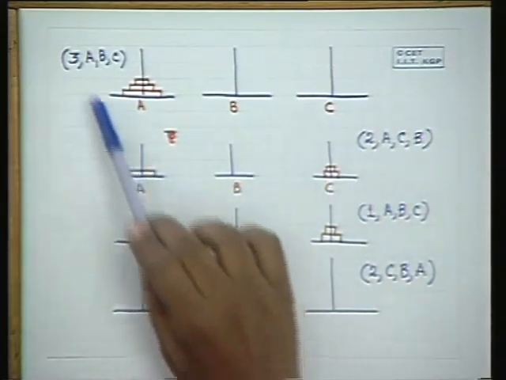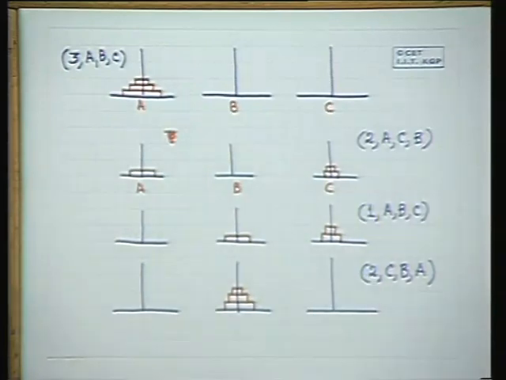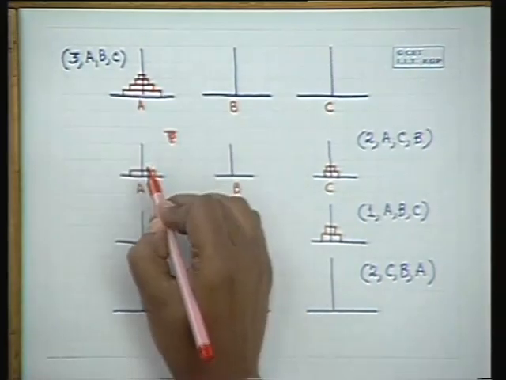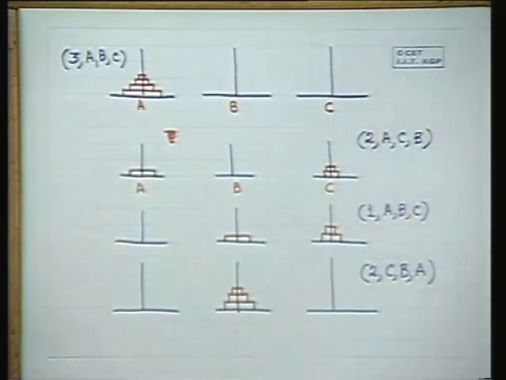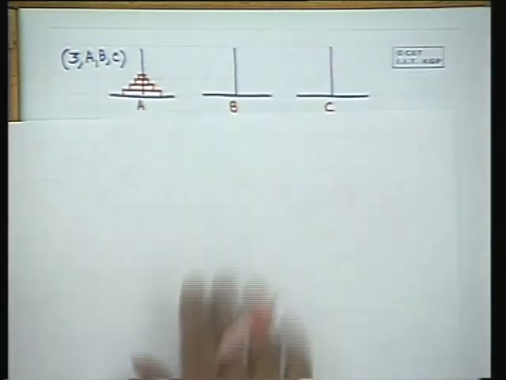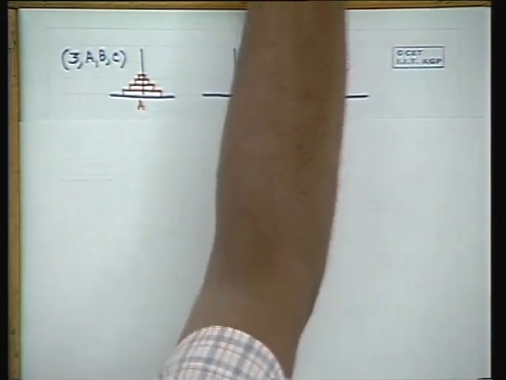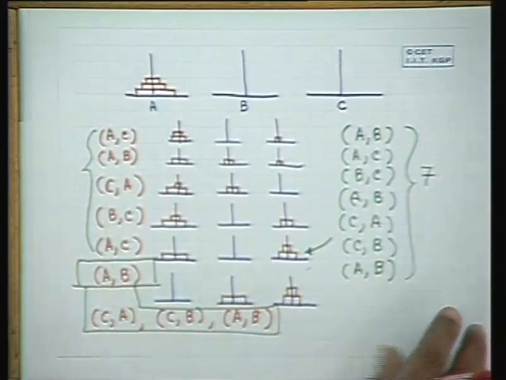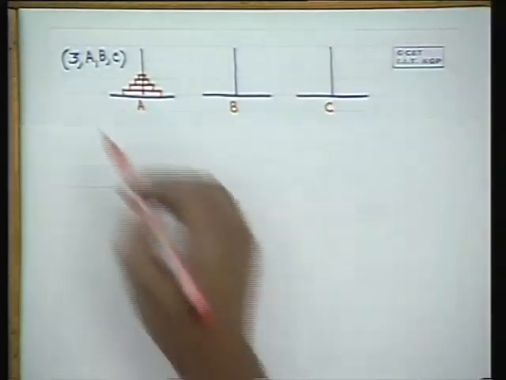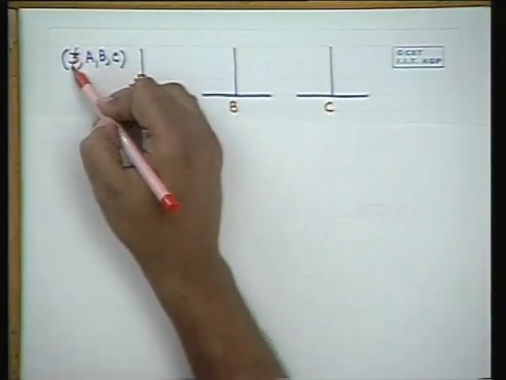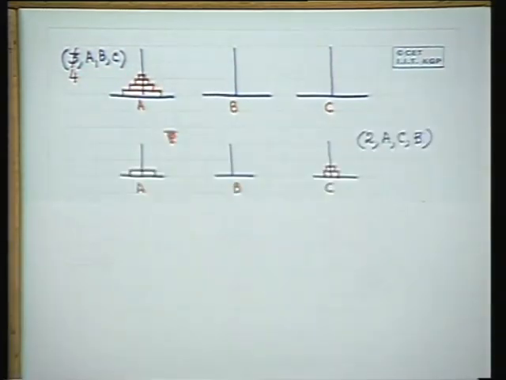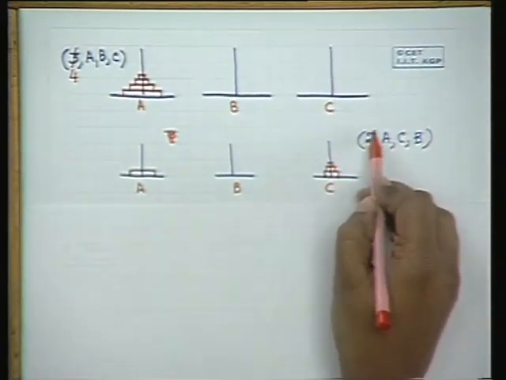So now to solve the 3 disk problem, now in order to solve the 4 disk problem, what do we do? How do we now solve the 4 disk problem? Do we start like this, random fashion? I think we have learned something here. To solve the 4-disk problem from here, we can solve the 3-disk problem.